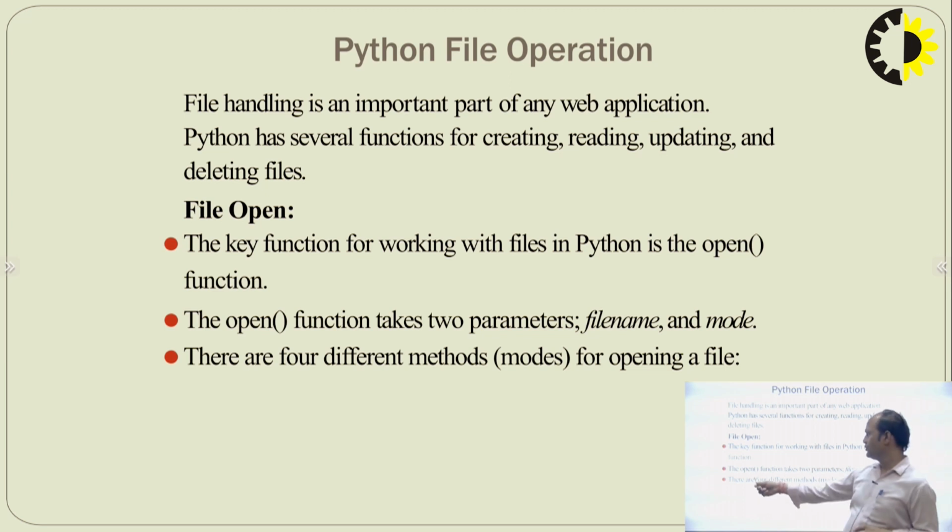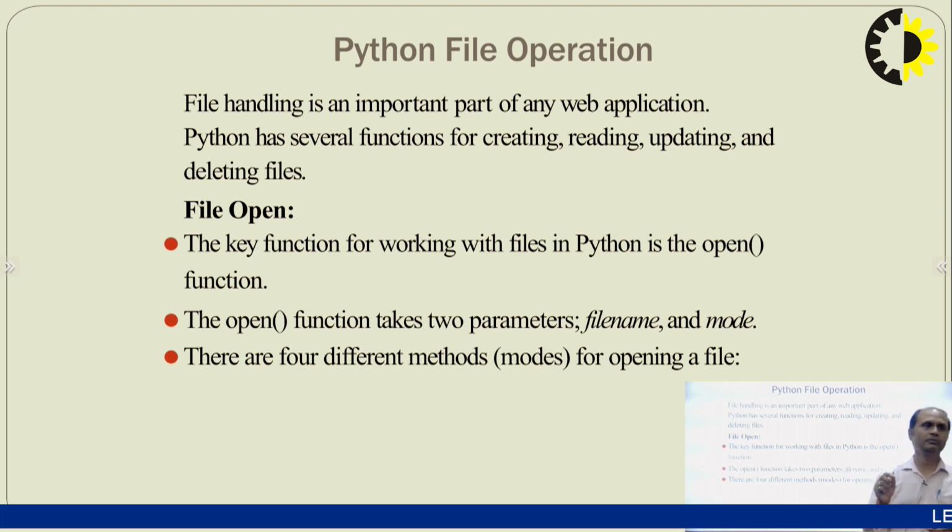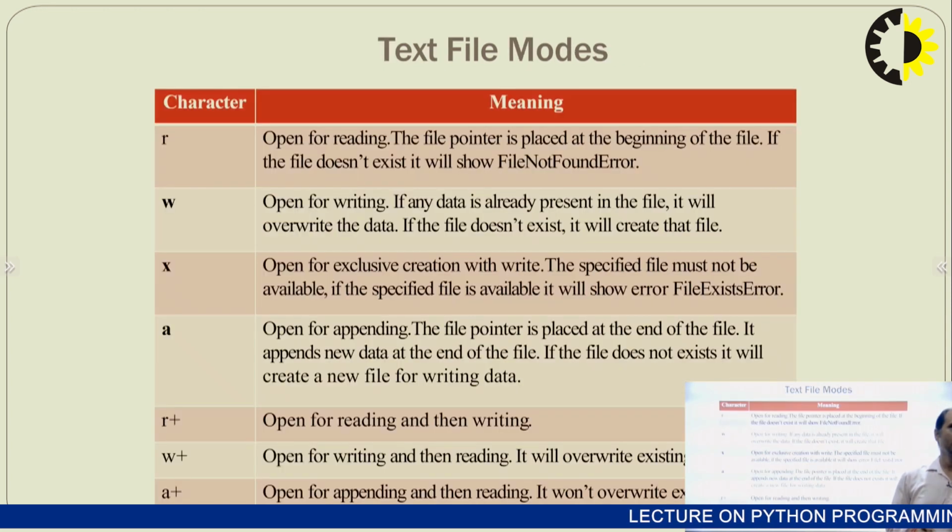The open function takes two arguments, one is file name and another is mode. There are four different types of modes for opening a file. What is mode? Open is a function, but in the open function we pass two types of arguments: one is file name, another is mode.